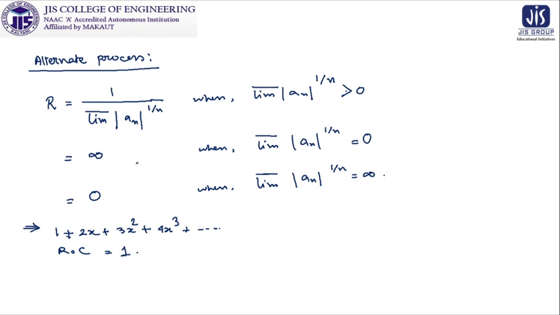We can use this particular format also to find the radius of convergence, and you will see that the radius of convergence will also be 1 for this particular problem. And we are almost in the last part of our discussion for this topic. Before concluding, I want to share just two or three pieces of information.